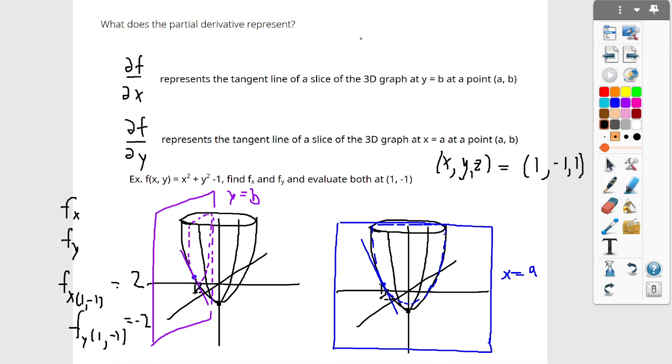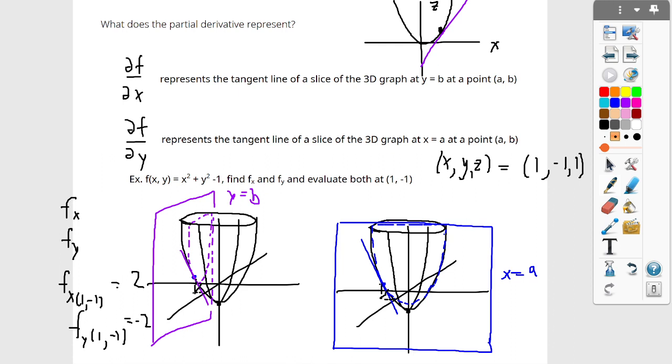If we have an xz plane, x and z, you would see that this is a parabola, and the point is at x comma z 1 comma 1, and at 1 comma 1 it is on a positive trajectory right here. So that is the partial derivative with respect to x, right?